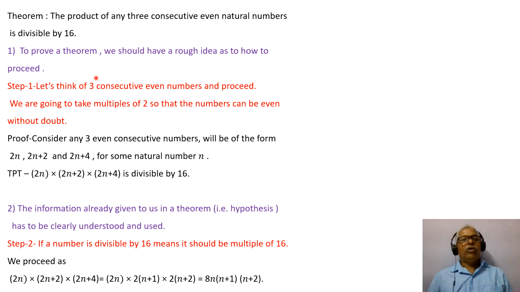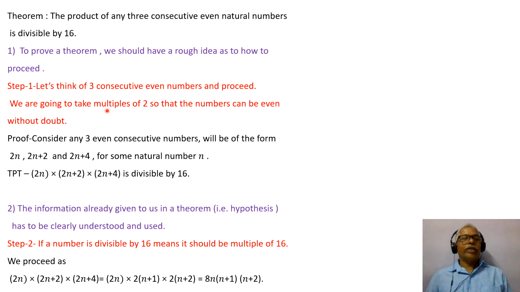Now we will see how to deal with this. First, to prove a theorem, we should have a rough idea of how to proceed. For this, step 1: let us think of three consecutive even natural numbers, and proceed.